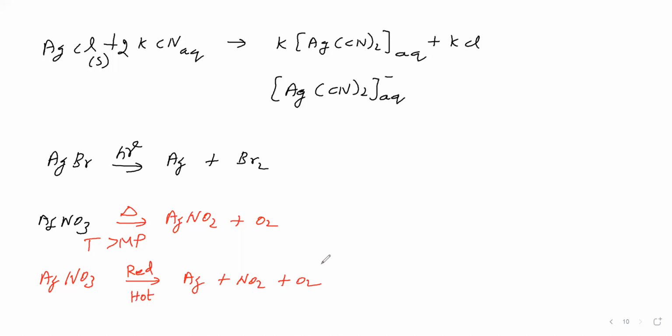When we are handling silver nitrate, we should be careful. Why? Because if silver nitrate colorless crystals fall over our skin, then our skin becomes black. Why is the skin becoming black? Silver nitrate decomposes and gives silver, NO2 and O2. This silver appears black.